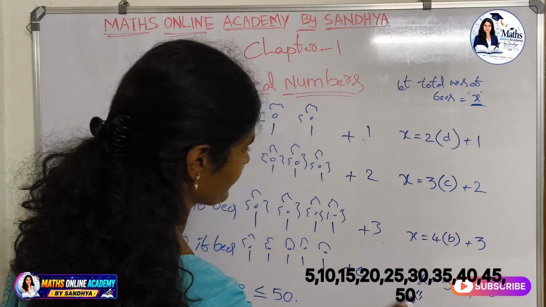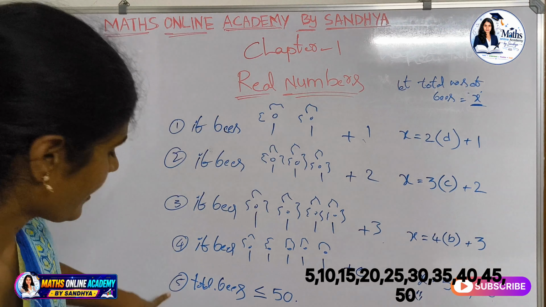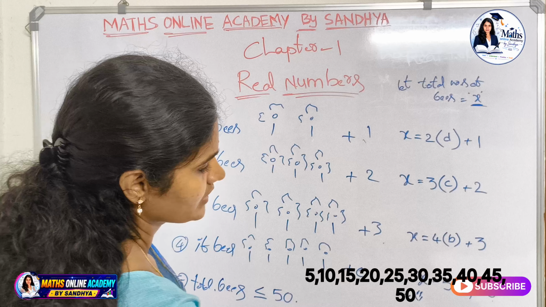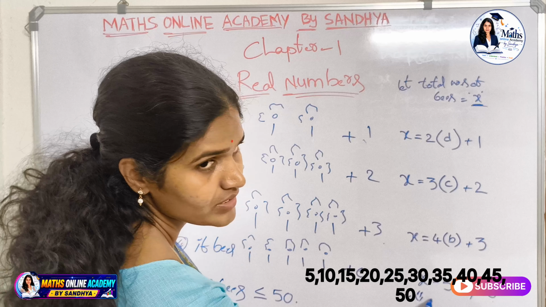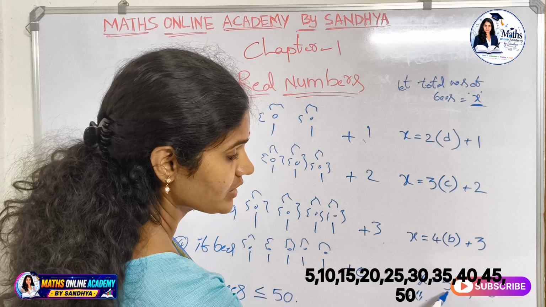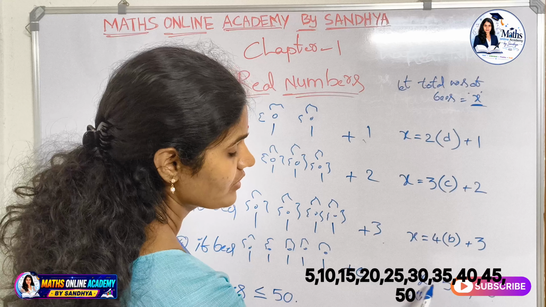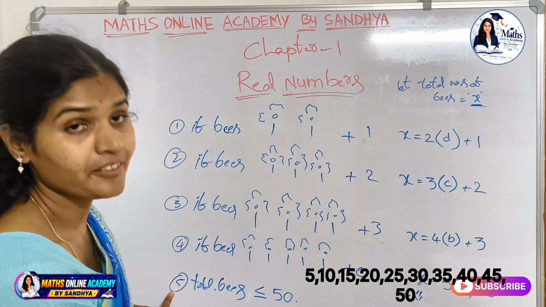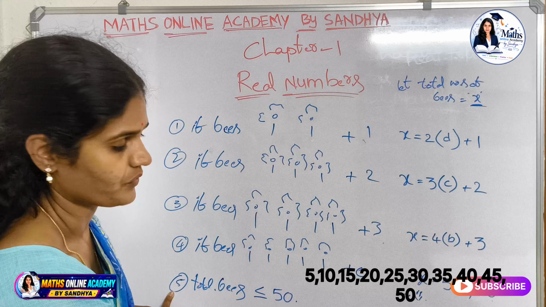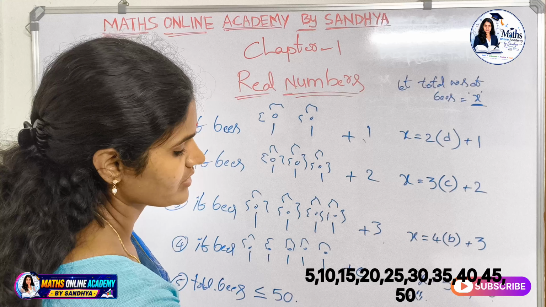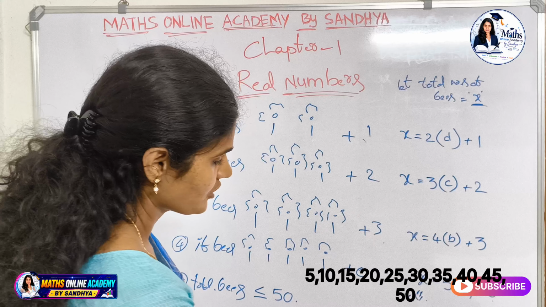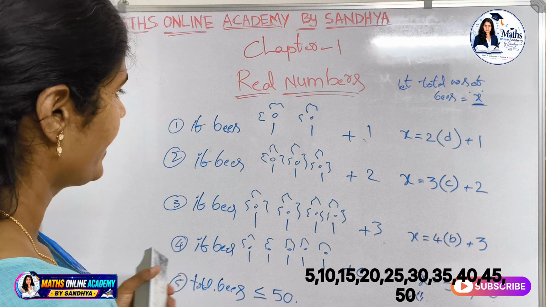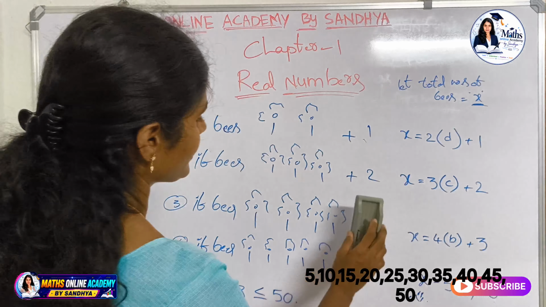Based on the fourth condition and fifth condition, we can guess that the number of bees is a multiple of 5, and less than or equal to 50. So maybe the number of bees is from 5 to 50. Okay. And I will rub this one.